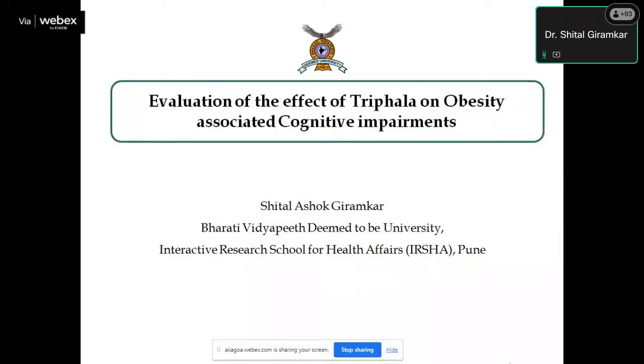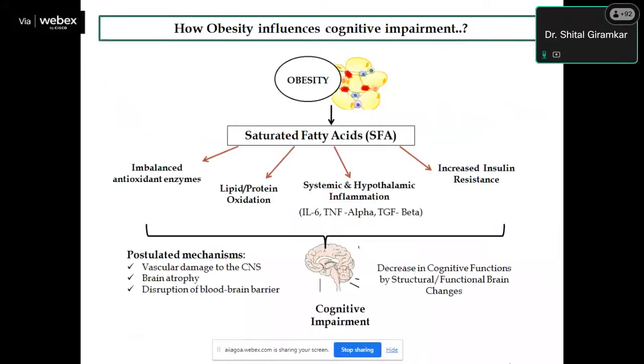So as we all know, obesity prevalence is increasing worldwide, and it is associated with different comorbid conditions like hyperglycemia or CVD, and obesity associated cognitive impairment is one of the important and highlighted areas of research currently. So now let us understand how obesity influences cognitive impairment.